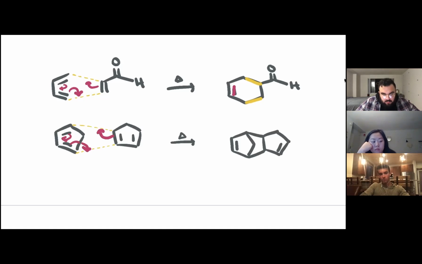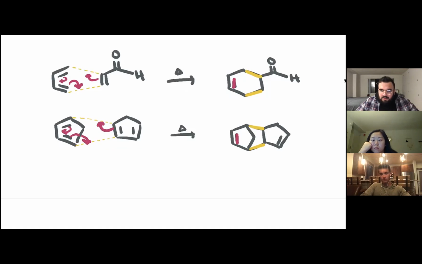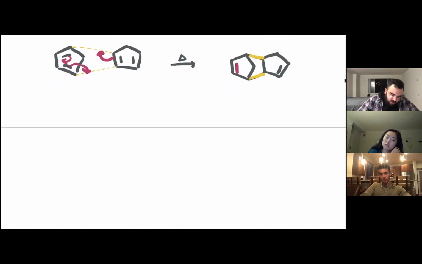Okay, so this is a possible type of Diels-Alder reaction where you can use this to make basket compounds or bicyclic compounds, whatever you want to call them. And you see that you are still making those new sigma bonds and that new pi bond. Okay. One thing you guys should know about Diels-Alder also is that Diels-Alder is reversible.